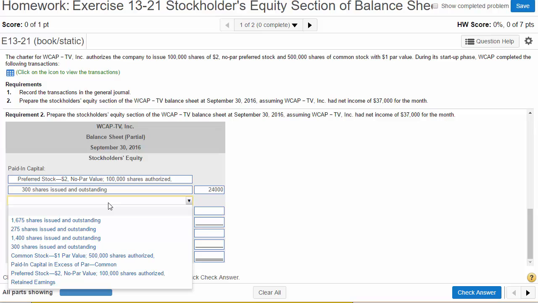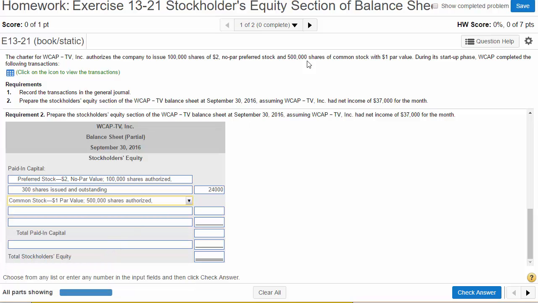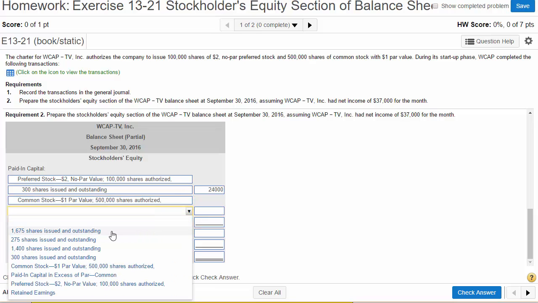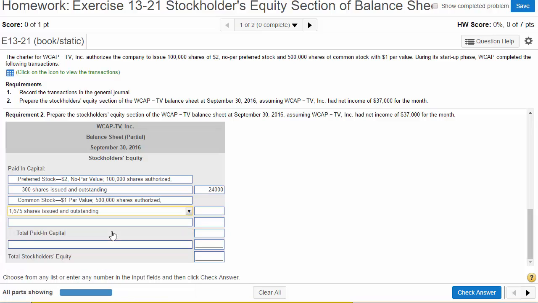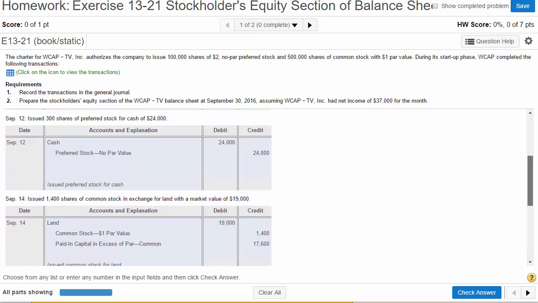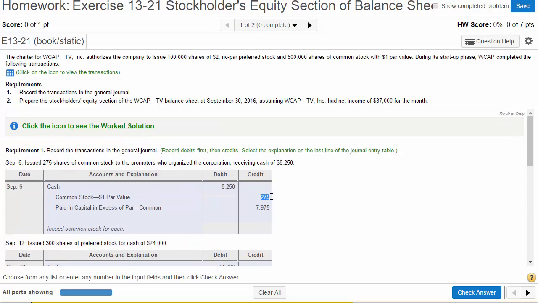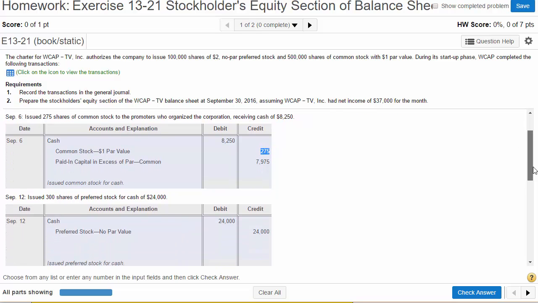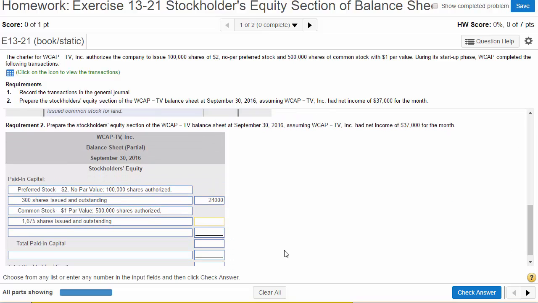So we're going to list common stock, $1 par, 500,000 shares authorized. That's from up here. And then we list 1,675 shares issued and outstanding. And then go back up, look at the numbers. We've got $1,400 for common stock here, and then we've got 275. Because it's a dollar par, it's going to be the same as the number of shares issued, 1,675.